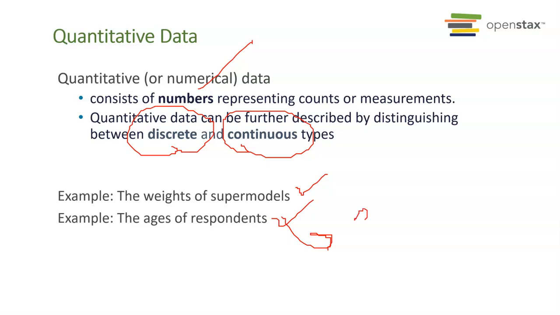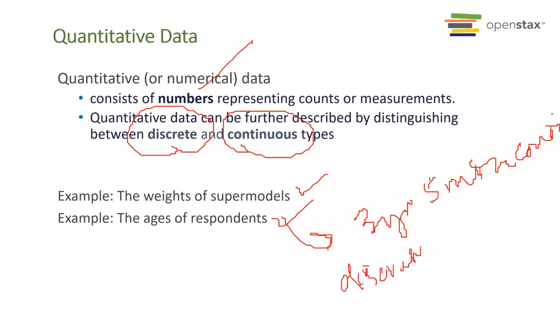So if you're going to use years, 3 years and 5 months, that's going to be continuous, because there's all this space in between 3 and 4 that I'm counting up and reporting. Where if it was discrete, I'm just going to say they're 3, they're 4, they're 5. Same thing with supermodels.